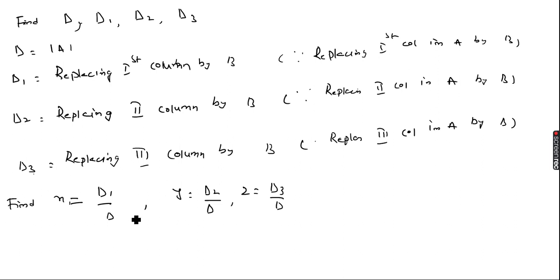X is delta 1 by delta, y is delta 2 by delta, and z is delta 3 by delta.